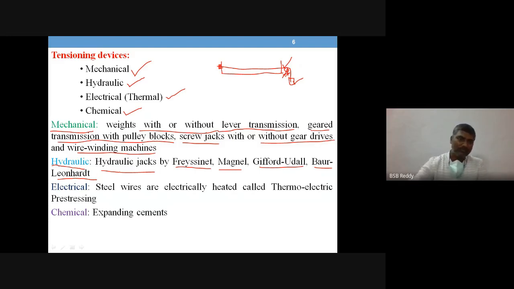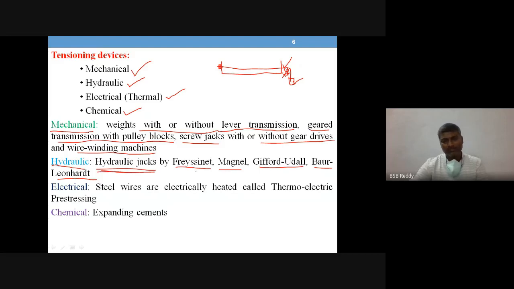So this is how the hydraulic jacks work. They are very famous and the whole pre-stressing industry is using them.